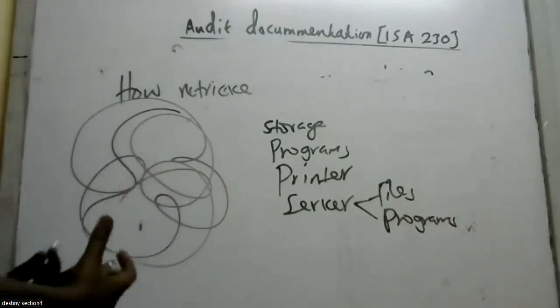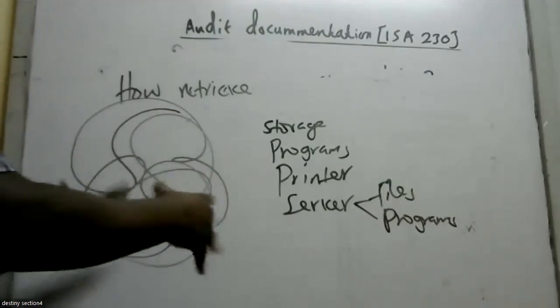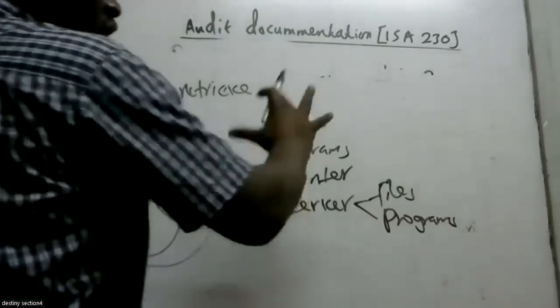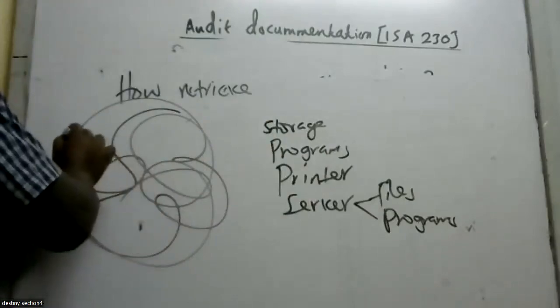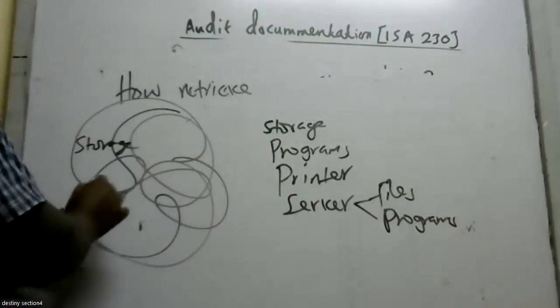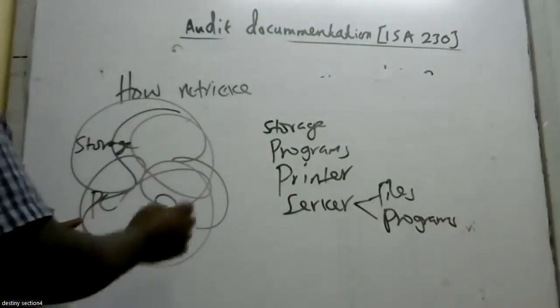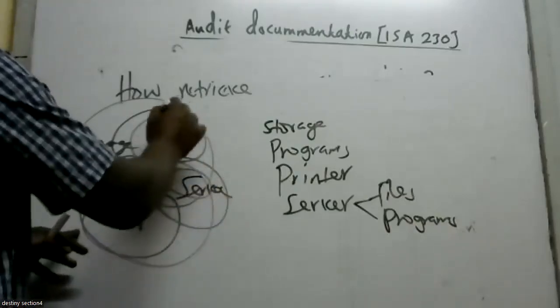Those resources can be accessed and managed over the network, hence the name cloud computing. You have storage in a different location, your PC in your office here, a server somewhere also connected, and a printer also connected somewhere.